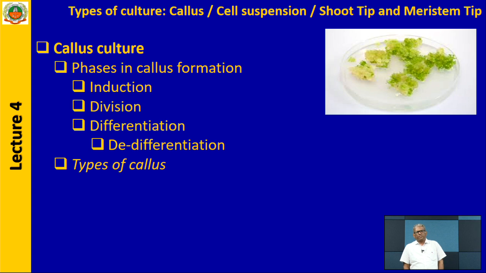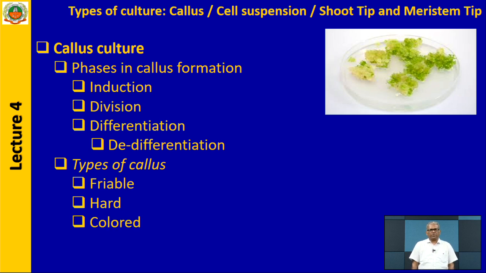When we look into the different types of callus that are available, you can group them based on different criteria. First, based on the texture, you can divide it into hard callus as well as friable callus. Based on the pigmentation or the color of the culture, you have colored calli also.